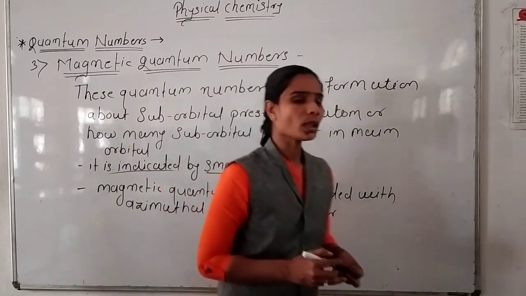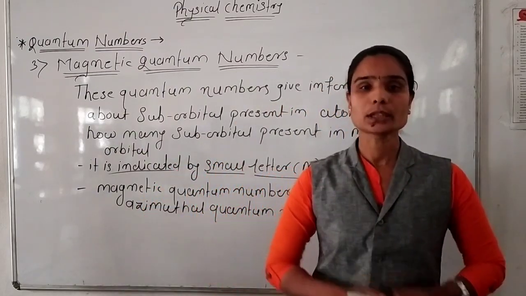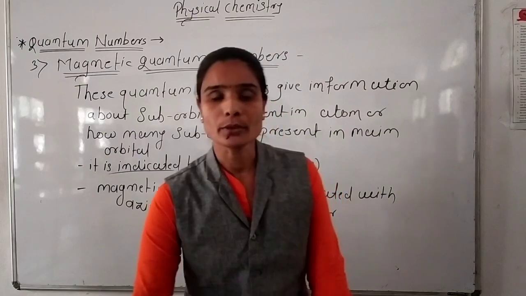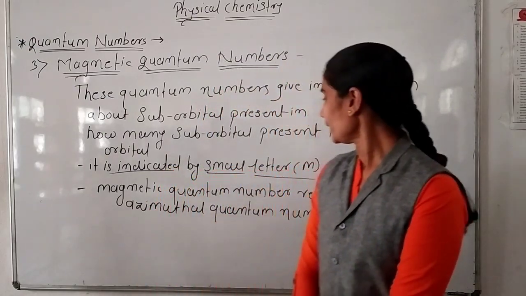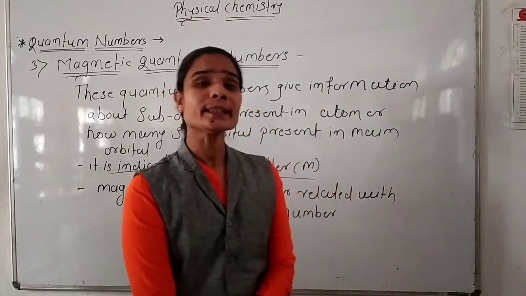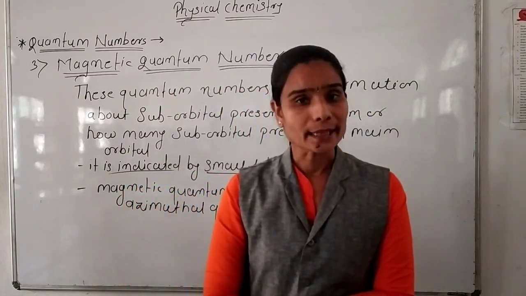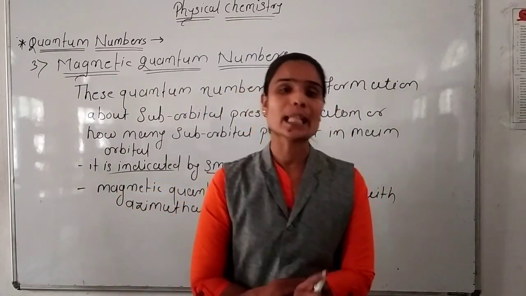Listen, the third quantum number, the magnetic quantum number, gives information about the suborbitals present in the main orbital, and it is indicated by the small letter m. And the most important thing is that the magnetic quantum number is related with the azimuthal quantum number.